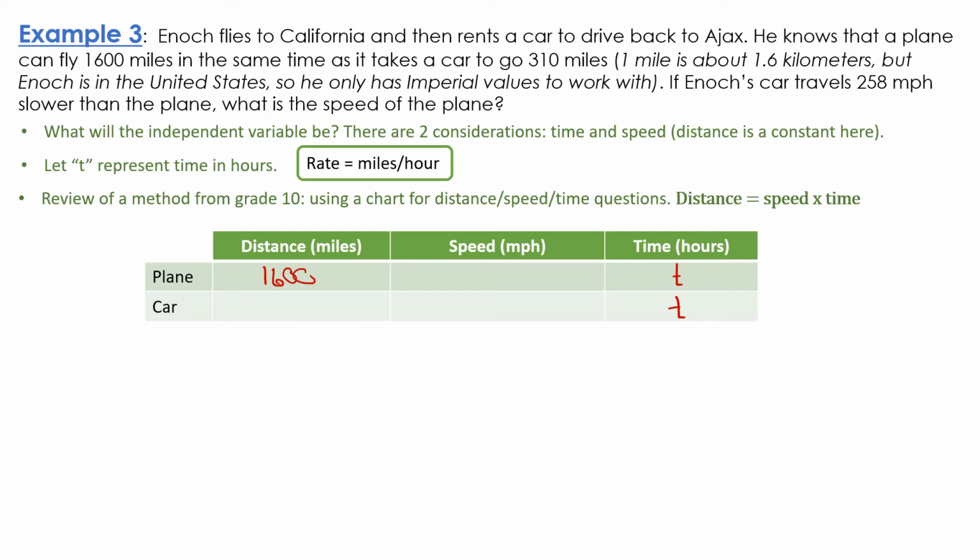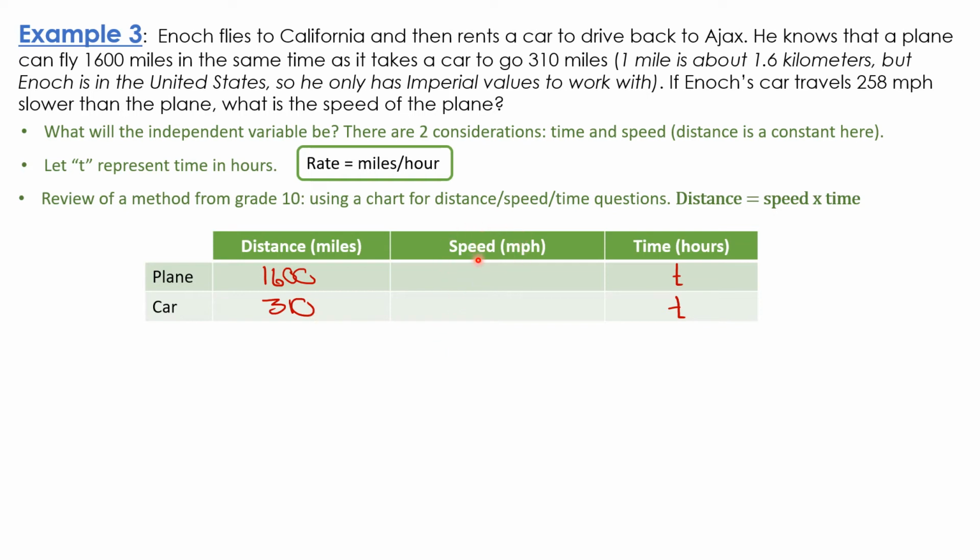So that's why I have my T here, the same both places. This is the car, 310. So what I have here is the plane in this amount of time, just T, and in that same amount of time the car can go 310 miles. So that's all I have so far.